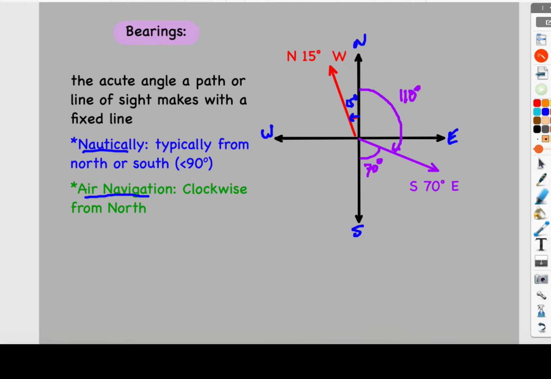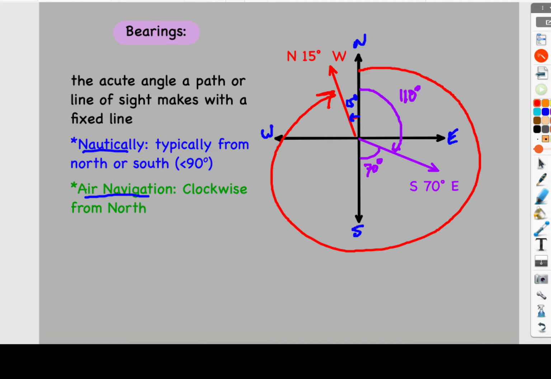And notice I don't necessarily have to say from the north, because if we're talking air navigation, everything is measured from the north. So 110 degrees would just tell me from north, go clockwise 110 degrees. If we were dealing with that red angle, we would technically go all the way around here to get all the way there. The only part we don't go is that 15 degrees.